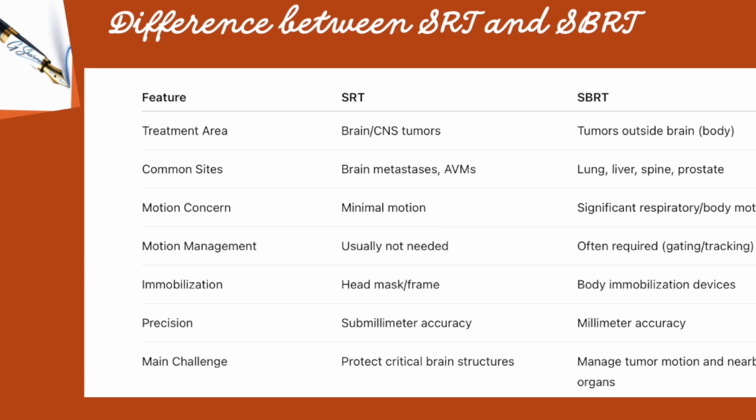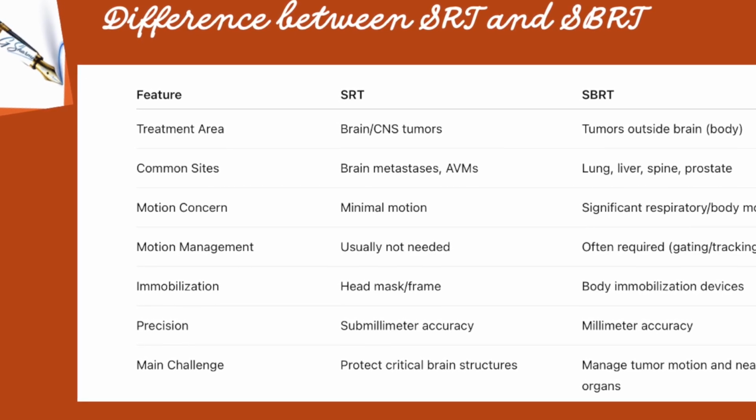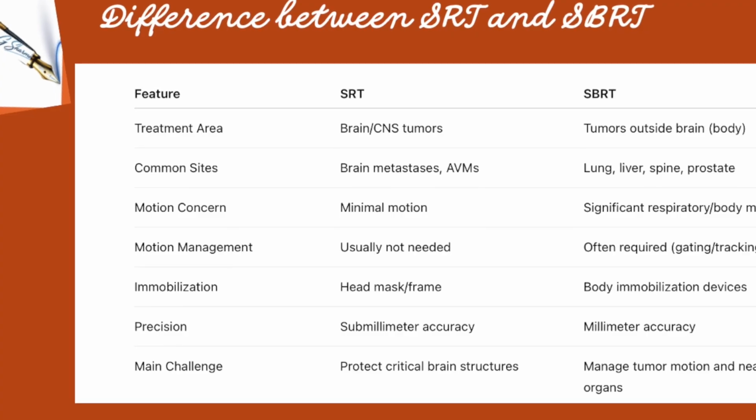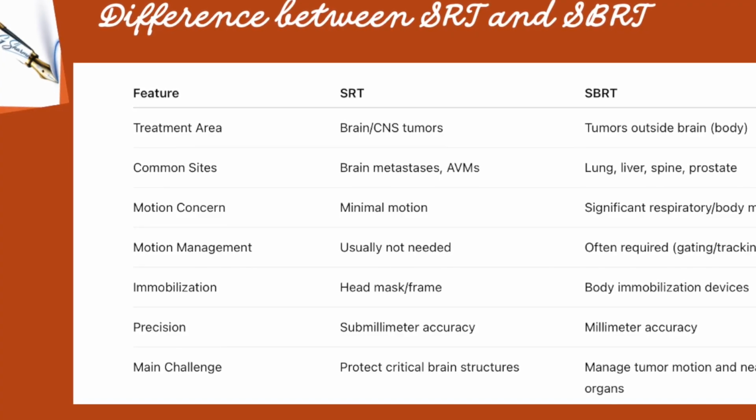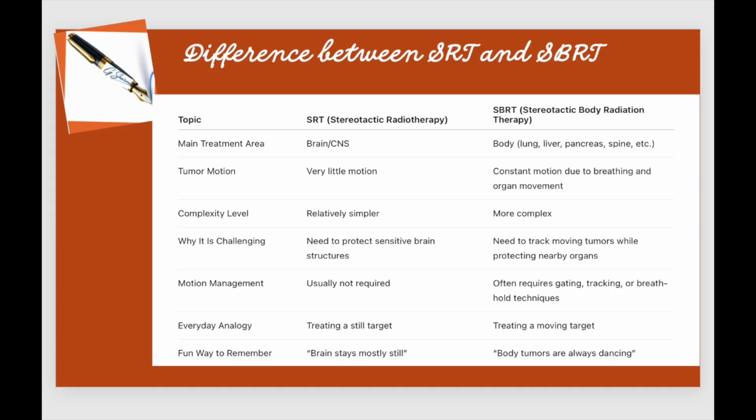Because in the brain, right, things don't move much. But in the body, for example in the lungs, maybe liver, pancreas, everything is moving all the time. Breathing, digestion. A tumor is basically going through a daily workout routine, you can say that.